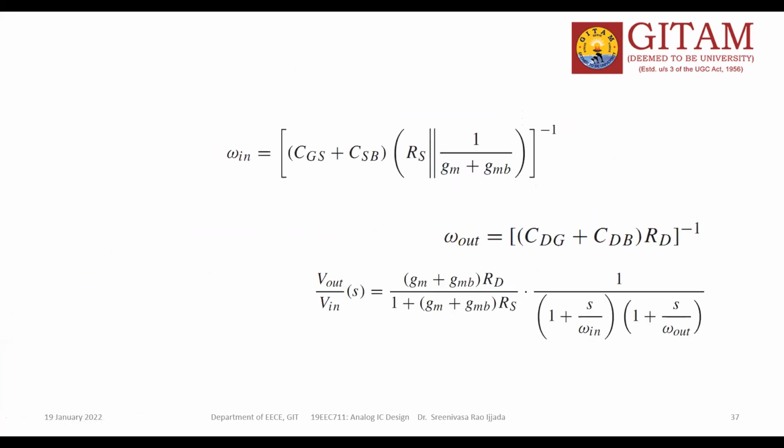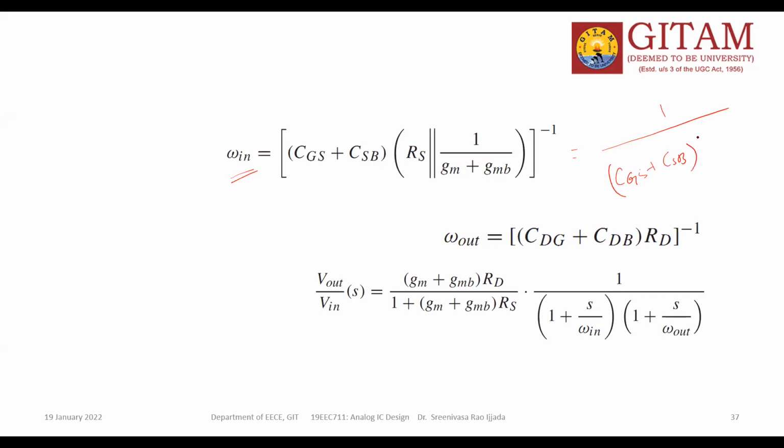Okay. Then from the small signal equivalent circuit, the input pole frequency is nothing but 1 by (CGS plus CSB), gate to source, source to body, is the capacitance.